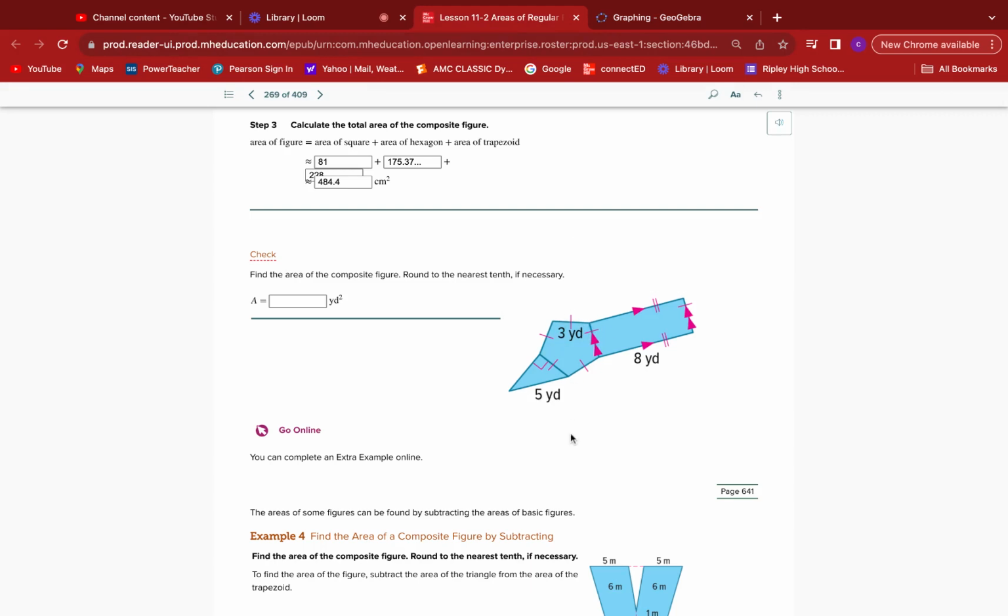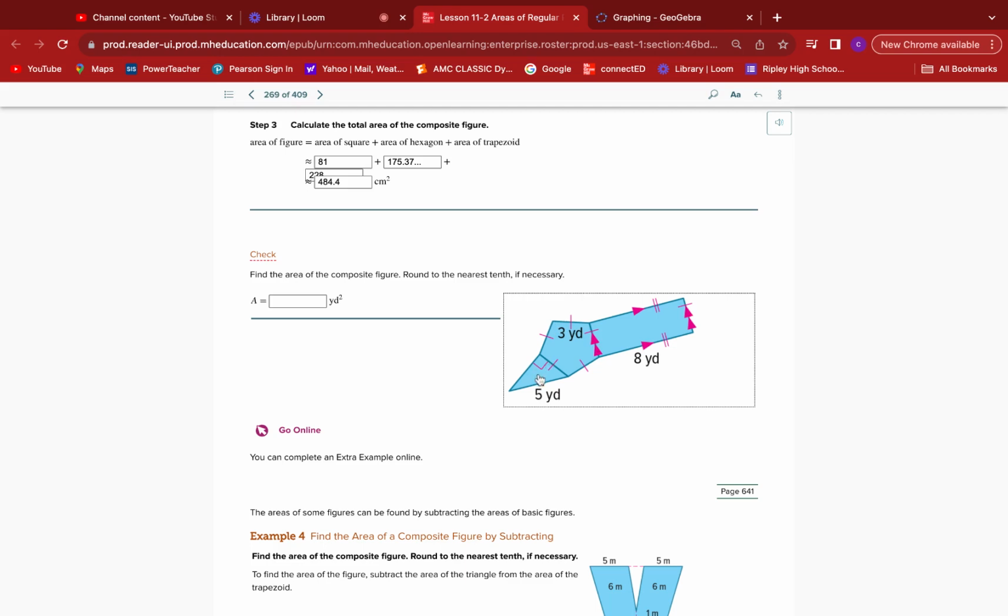So grab your calculator, put in one half times the 2.06 we got for the apothem times the perimeter, 3 times 5 is 15. And so your area of the pentagon is about 15.48.